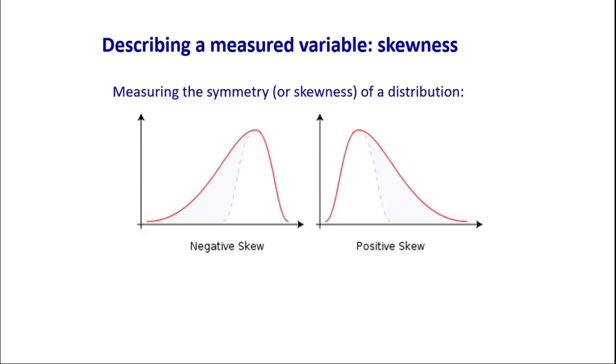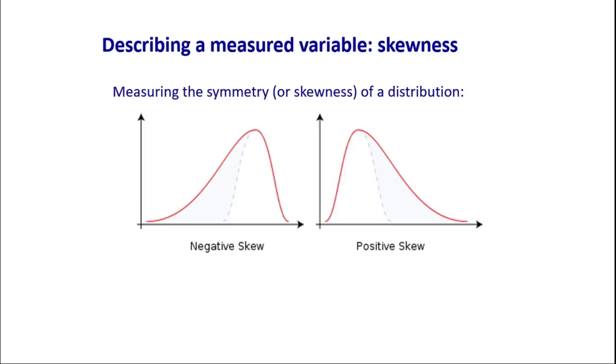Now moving on to describing a measured variable in terms of skewness, and again, I've been talking about skewness as we've been going through. Measuring the symmetry, or skewness, of a distribution: a negative skew is where the tail on the left-hand side is much longer than the tail on the right-hand side.